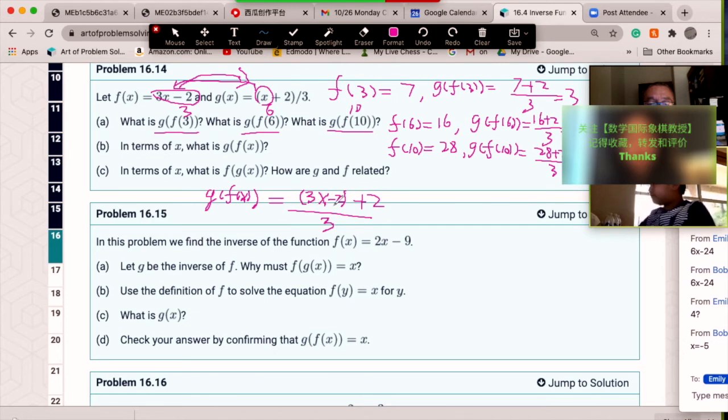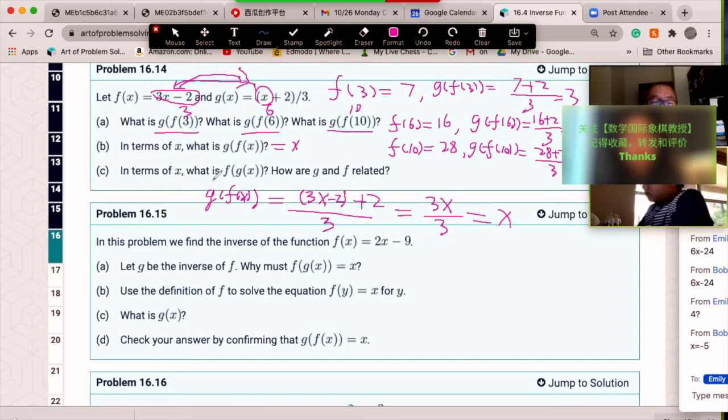So then you got (3x minus 2 plus 2) divided by 3. Open this parenthesis, you got 3x minus 2 plus 2 comes out, then divided by 3, you got x. So actually this one equals x.